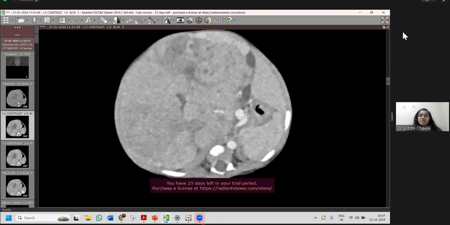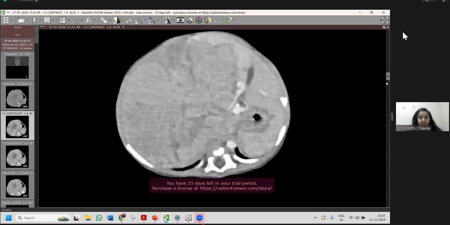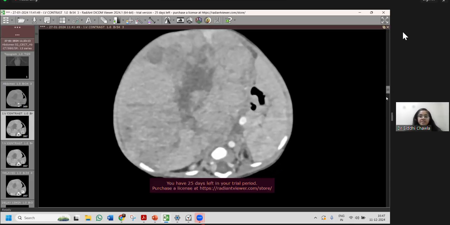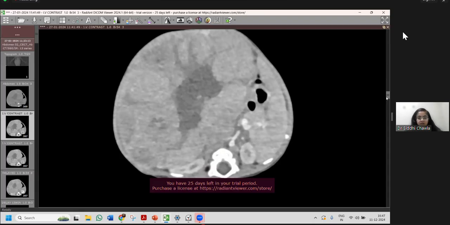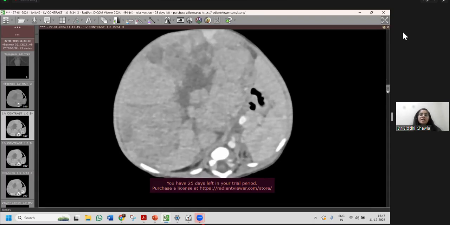So in these cases, you will always see an enlarged hepatic artery or enlarged common hepatic artery or an enlarged celiac trunk. The same finding that we discussed, that the caliber of aorta is narrow when we go distal to the celiac artery. This has also been described for infantile hemangioma.